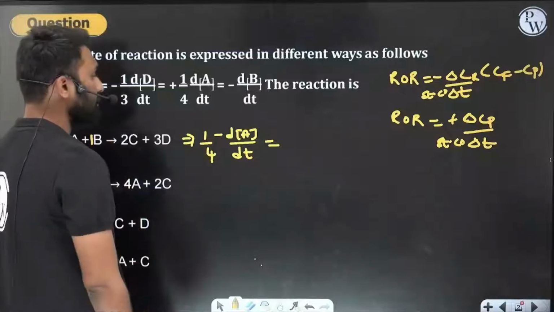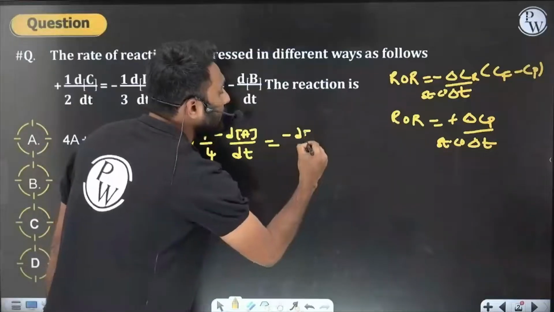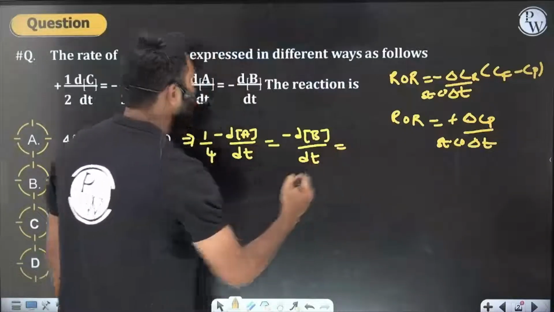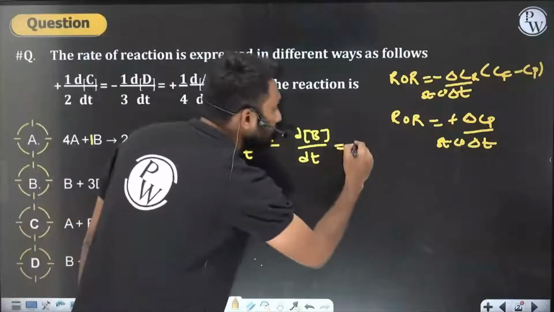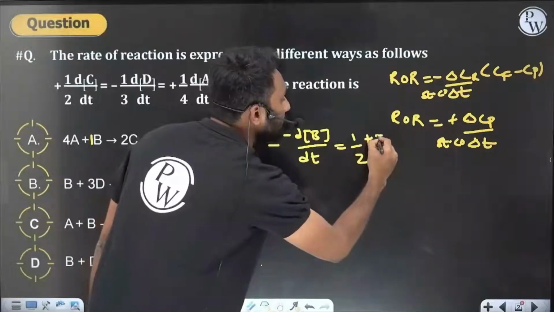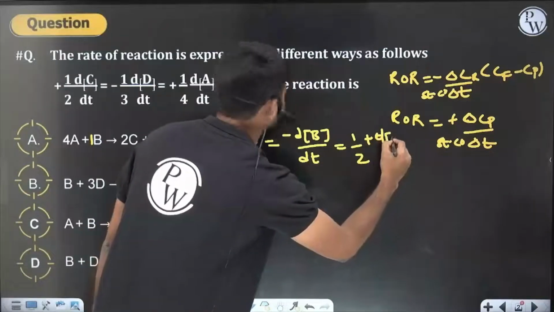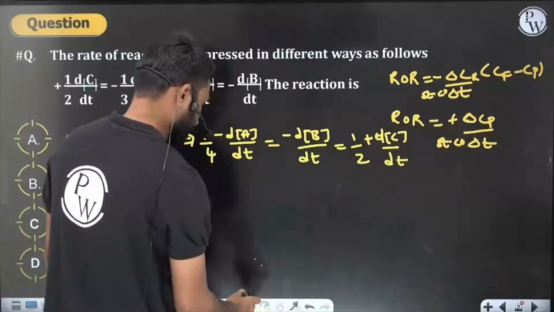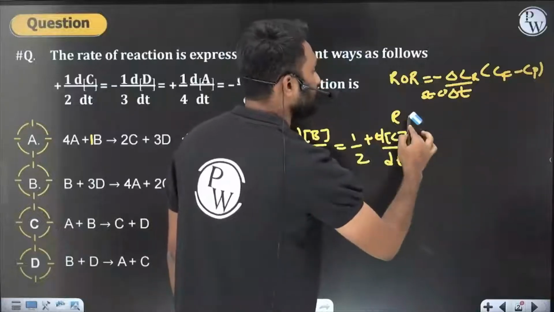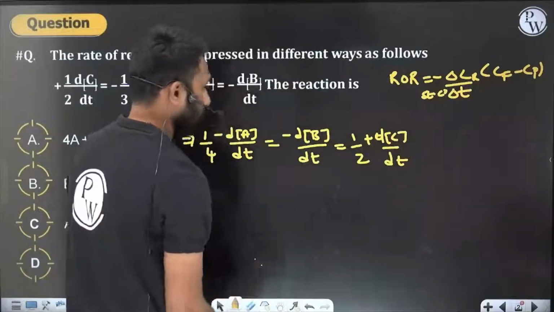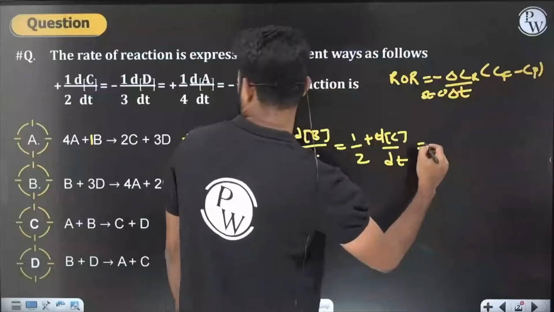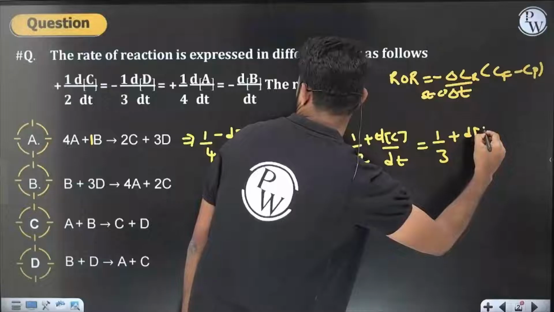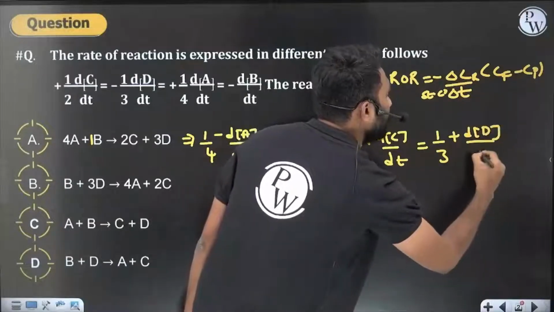Here for B the stoichiometric coefficient is 1, so we can write minus d concentration of B by dt. For C the stoichiometric coefficient is 2, so plus 1 by 2 d concentration of C by dt. Now I am erasing this. Now 1 by 3 plus d concentration of D by dt.